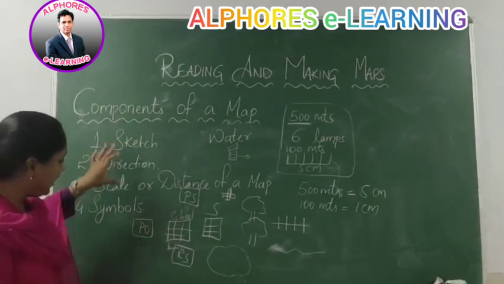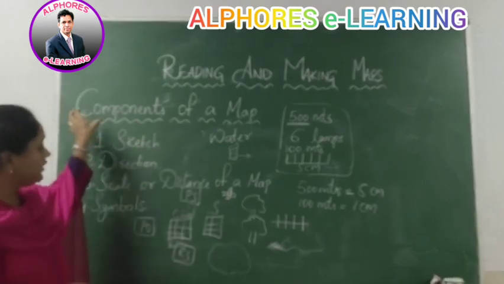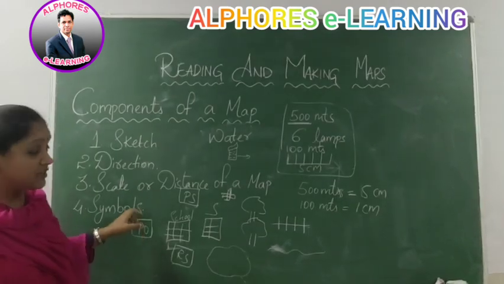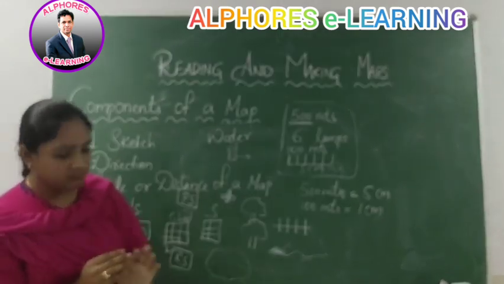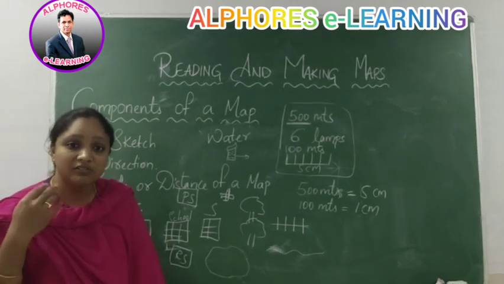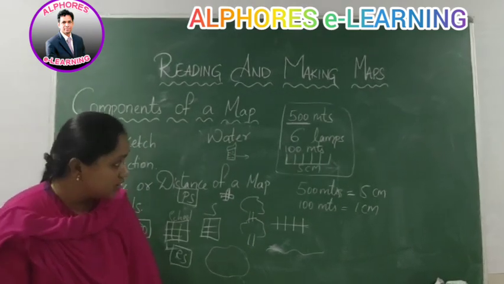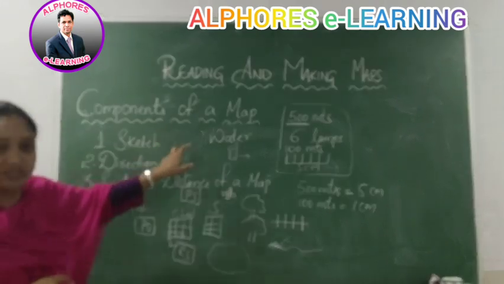So this is all about the different components of the maps, which help you to find accurate results on the map, at the ground level of the different areas, right? In this session, we have learned about the different components of a map.